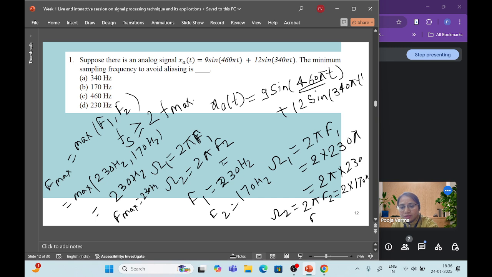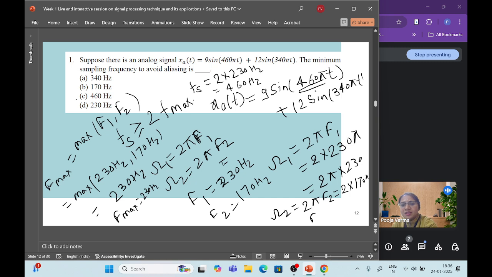So f max is equal to 230 hertz. Now, already we know that the Nyquist sampling rate Fs must be greater than or equal to 2 f maximum. So what will be the Fs to avoid aliasing? The sampling frequency is 2 into 230 hertz, so we get 460 hertz. So Fs is equal to 460 hertz. Now let's check the options.